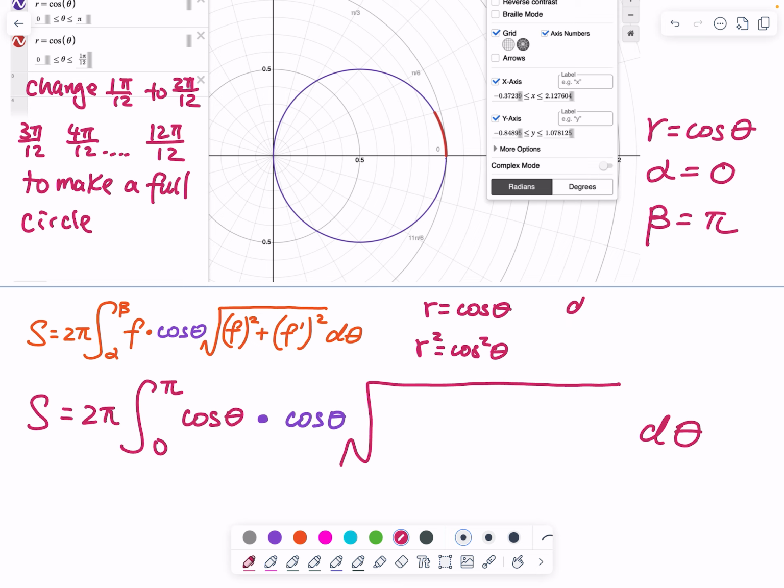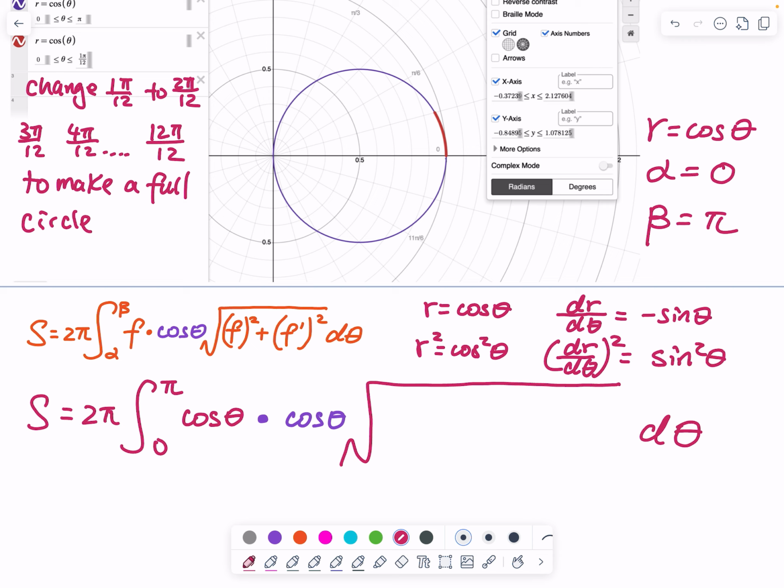And then the derivative, dr d theta, is equal to the derivative of cosine, which is negative sine. And then you square that, dr d theta squared. If you want to be less fancy, you can do r prime and r prime squared.